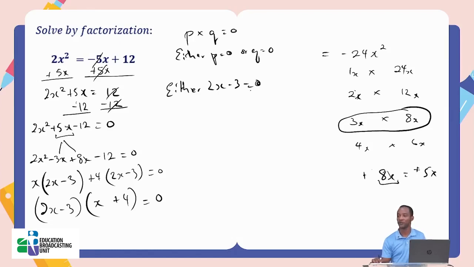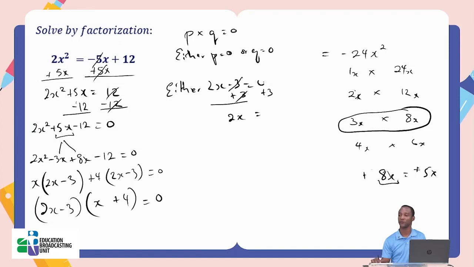Now, 2x minus 3 is equal to 0. This will help us to solve for x because we have a linear equation. The highest power we have here is simply 1. The x is raised to the first power. And when that happens, we can simply remove the constant first of all by adding 3 to both sides. And so these will cancel out, leaving us with 2x.